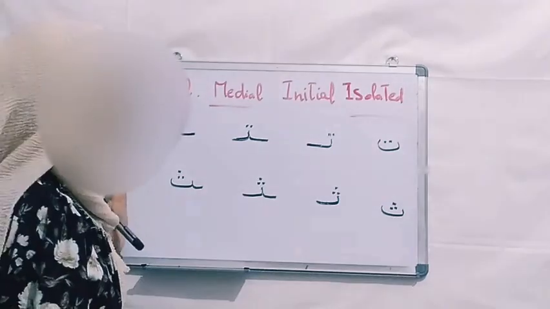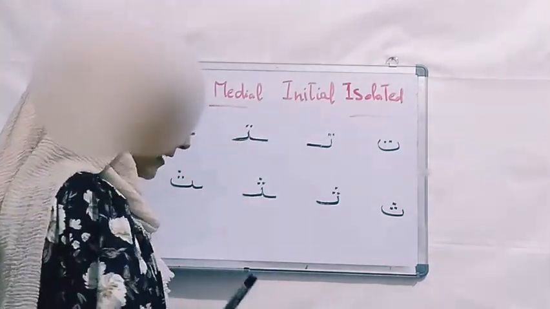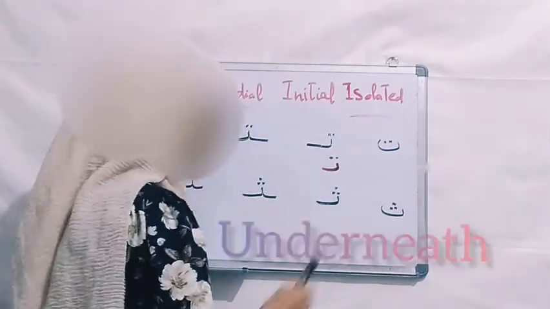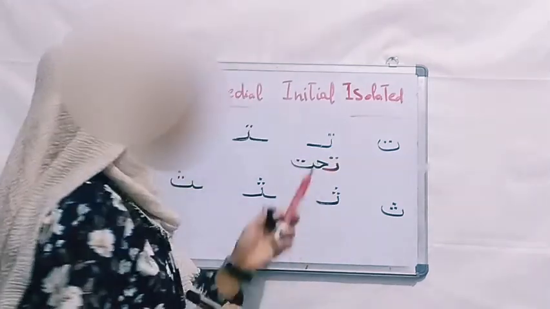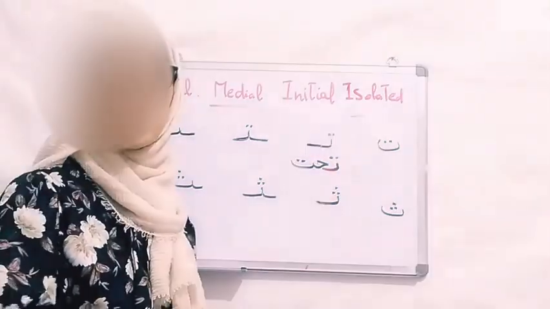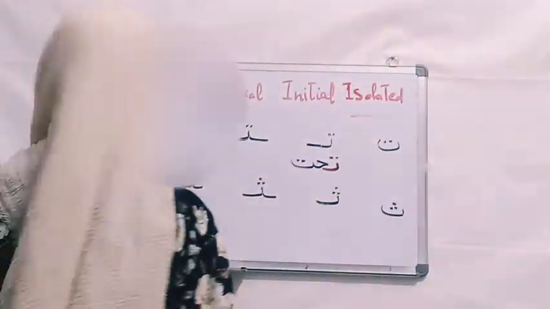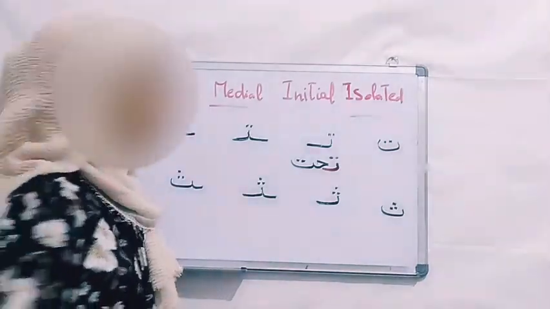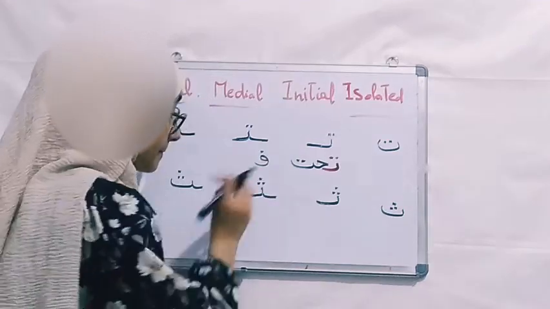So let's give examples. In initial form, for example, we have tahta. Tahta means under or underneath. It's the same. And we have, for example, fataha in the middle form.